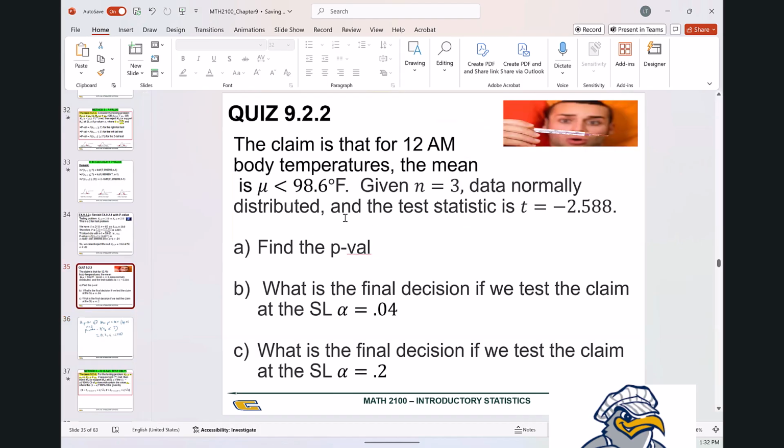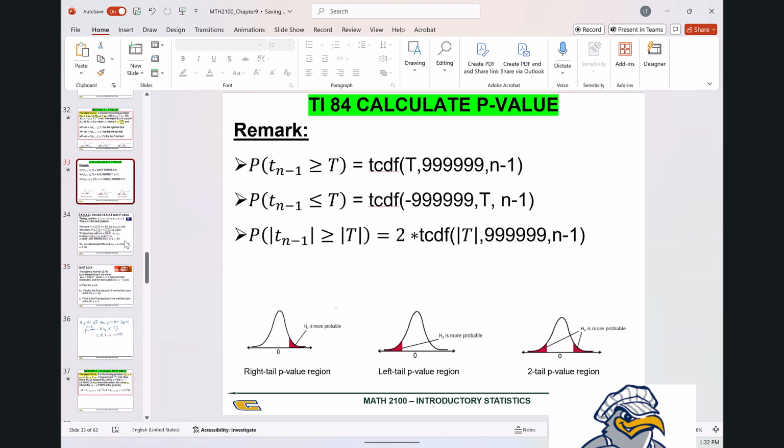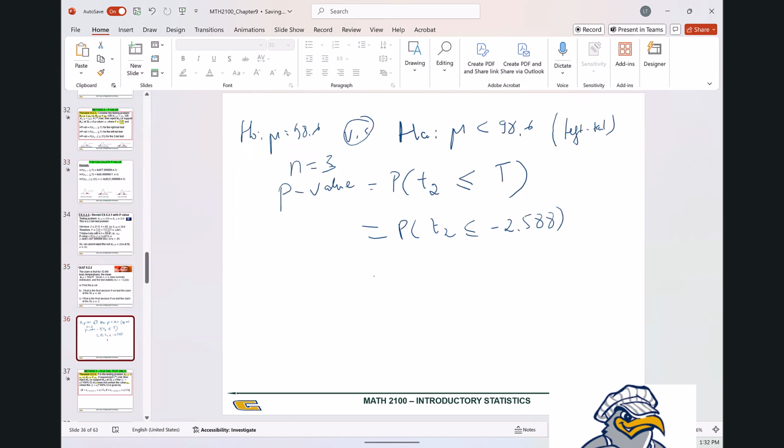That's it. N equals 3. So how do you find it? Use tcdf, with a small number, negative 999. You can put in more if you want, but I think negative 999 here should be fine, with 2 degrees of freedom.